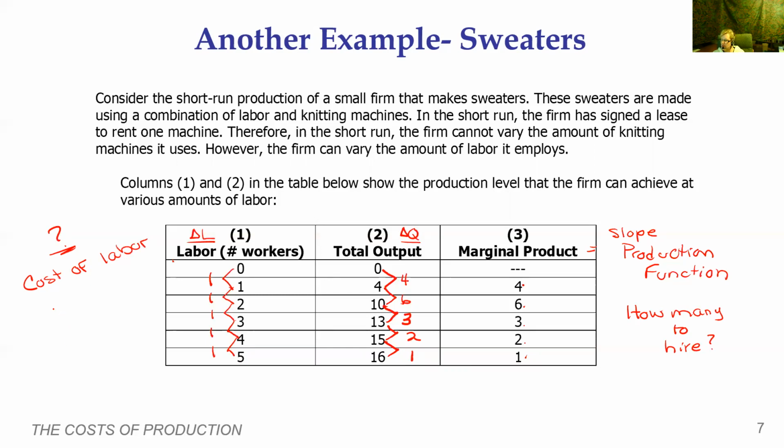Because if the cost of labor here is, say, $10, and we can only sell a sweater for the price of sweaters is 6, I would say, well, we're definitely not going to employ 5 workers, and so on. So we'll look at that coming up.